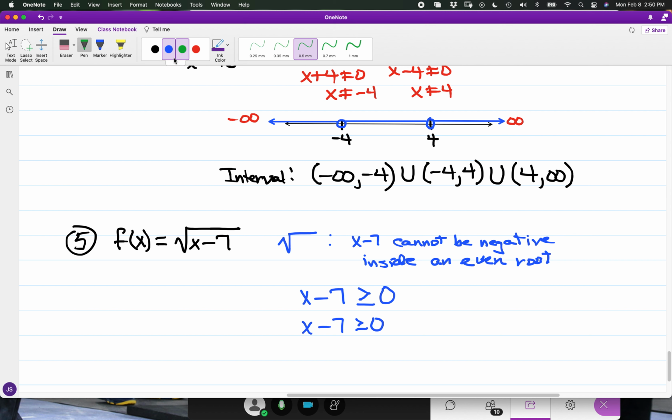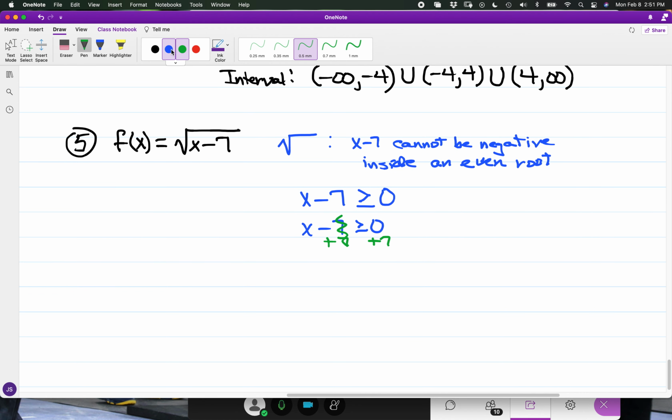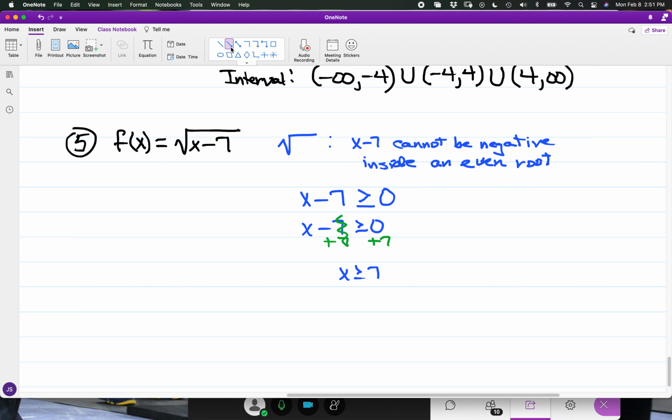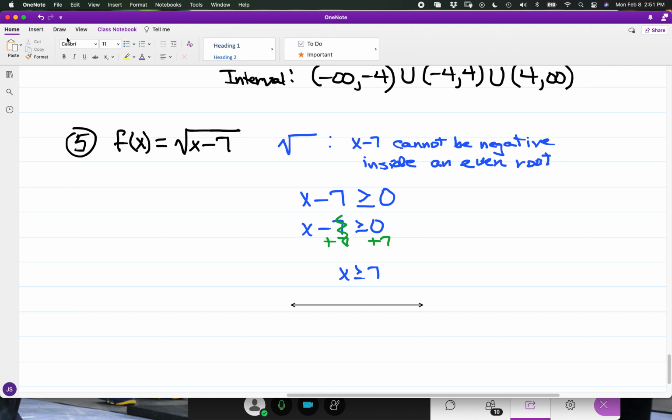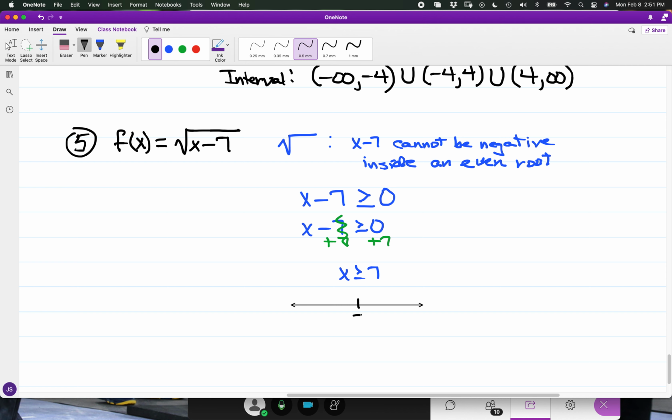Upon isolating x, if I add 7 to both sides, we'll have that x is greater than or equal to 7. Again, you don't have to graph it, just looking at it visually, you have the number 7 involved.